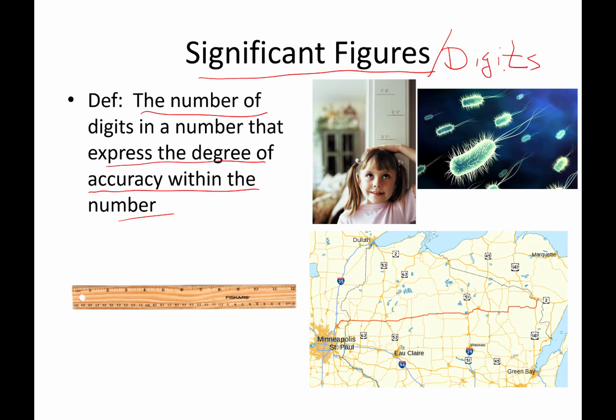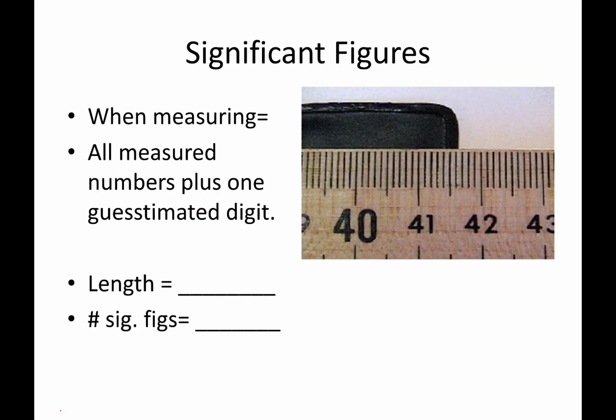Both terms are used. And this definition is how many digits you round to. How many digits can you write down? How many digits do you put down as a final answer? And so we're going to talk about how you figure that out.